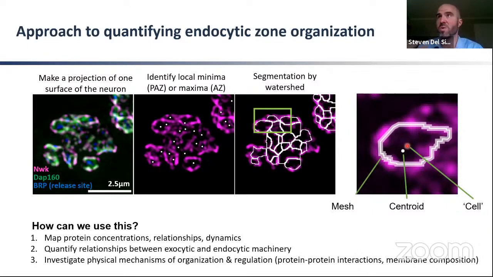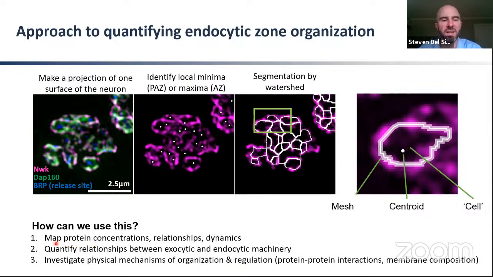So how can we use information like this? I'm going to show you three slides of data that I think highlight some of the insights we can get. The first is that we can use this as a tool to map the relative protein concentrations, their regulatory interactions and relationships, and their dynamics.